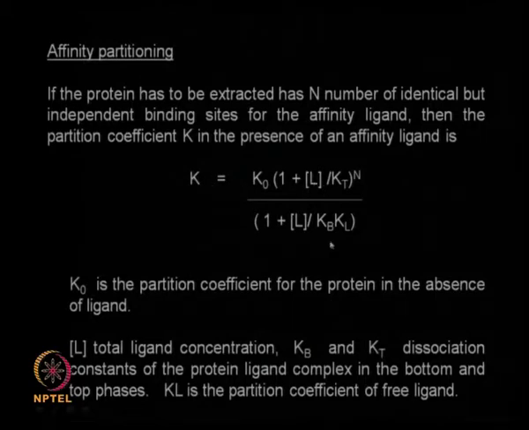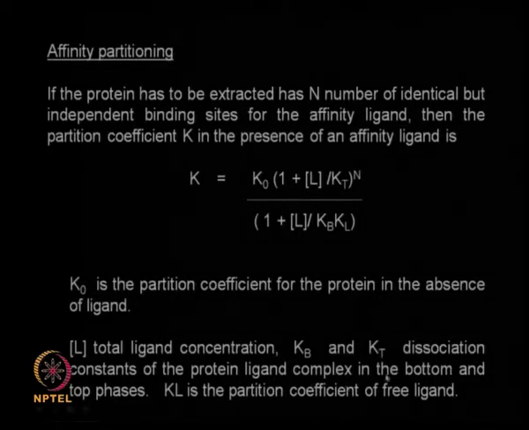Now, what is KB, KT and KL? KL is the partitioning coefficient of the free ligand. As you can understand, the ligand also can get partitioned between the two phases, so some amount of ligand is going to get lost because of the partition coefficient. KB and KT are the dissociation constants of the protein ligand complex in the bottom and the top phases.